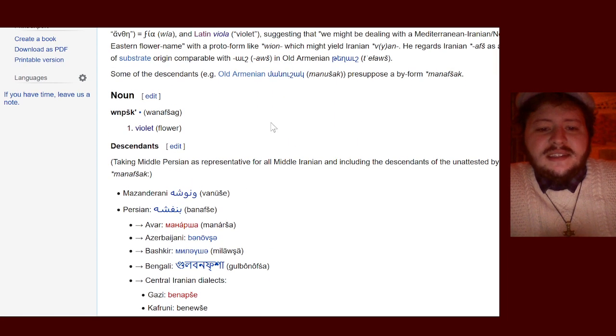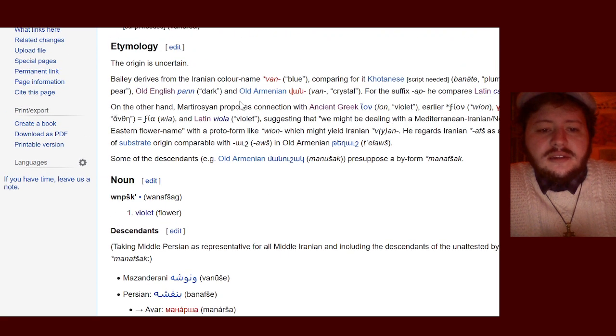Yeah, the idea is that this is like a wander word that went around and got loaned around, and that's where the Greek word ion came from, like where we get the word ion from, and then Latin viola as well. We might be dealing with a Near Eastern flower name. Weon. I think I've gotten words for purple from this root before in other conlangs.